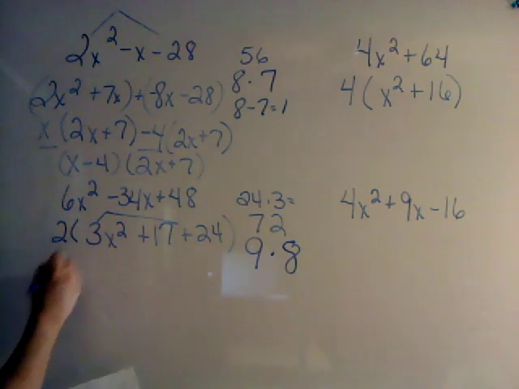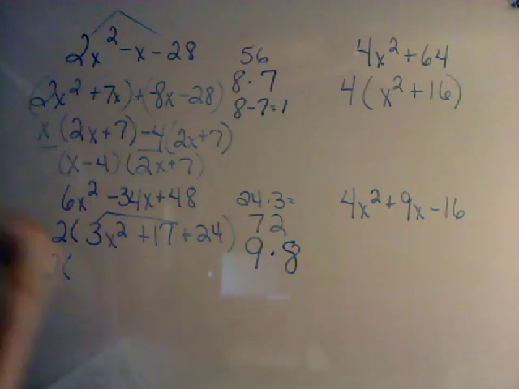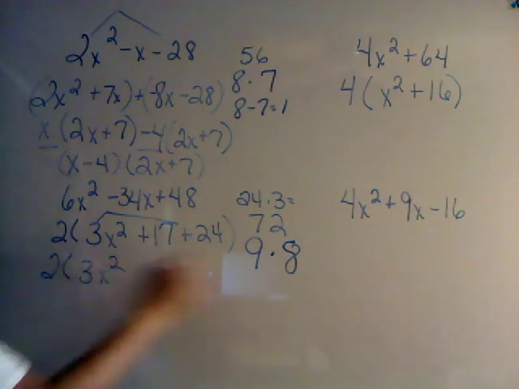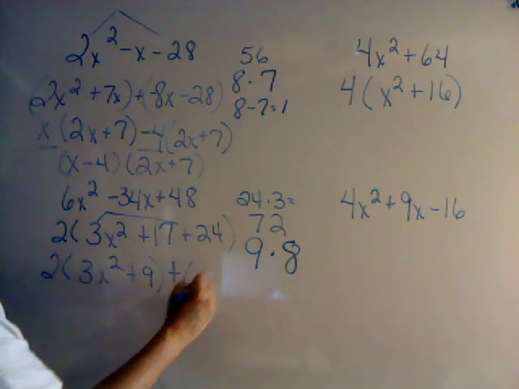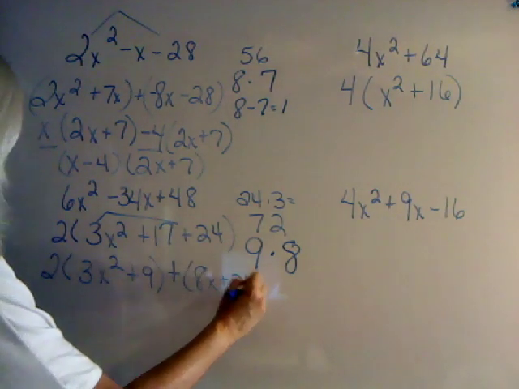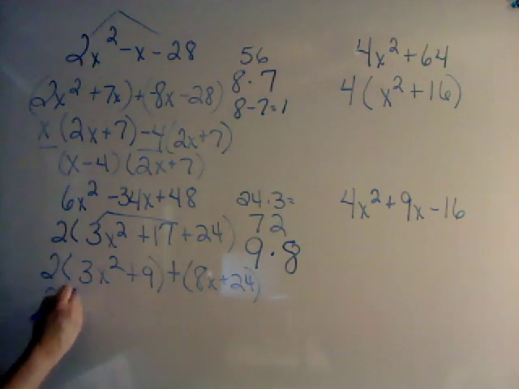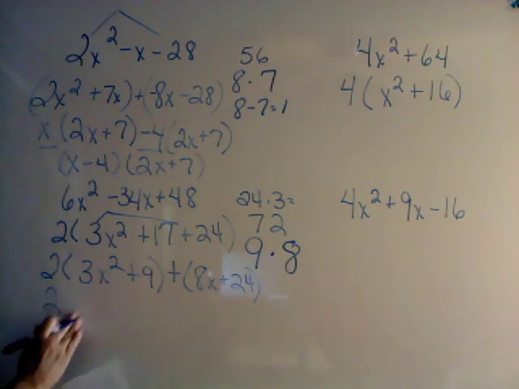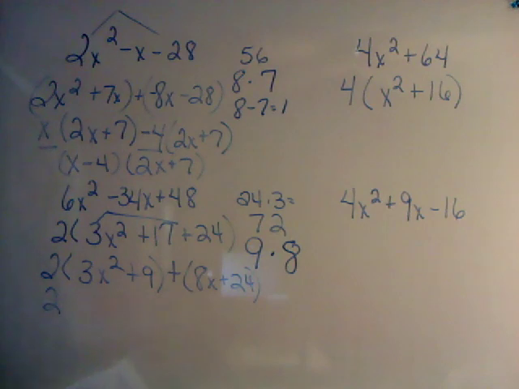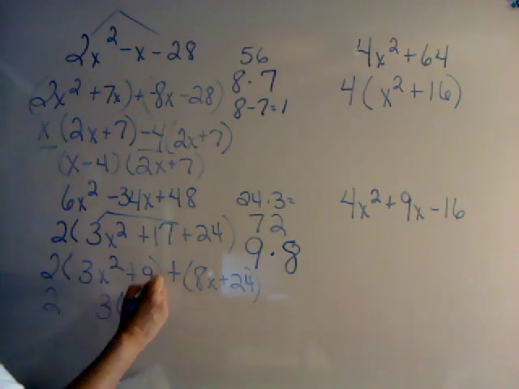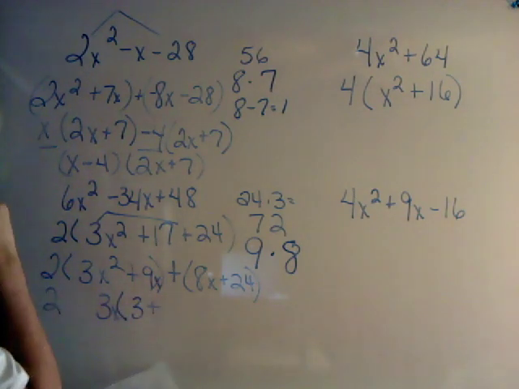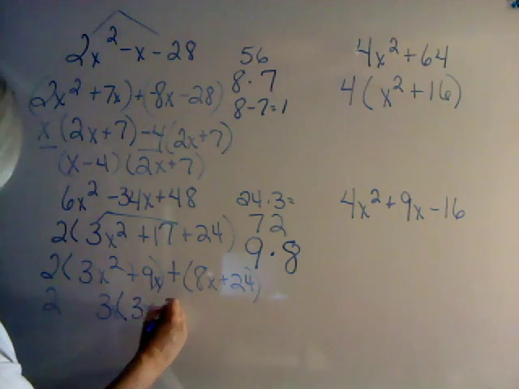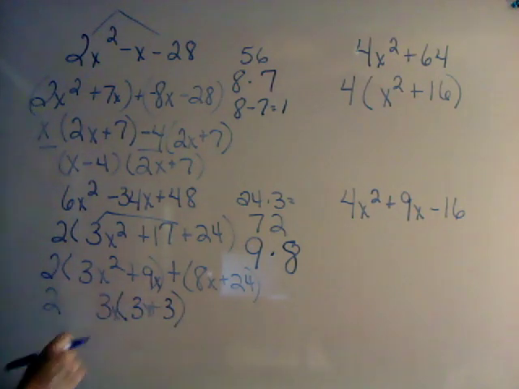So I'm going to break it into 3x squared plus 9x plus 8x plus 24. Let's start over.